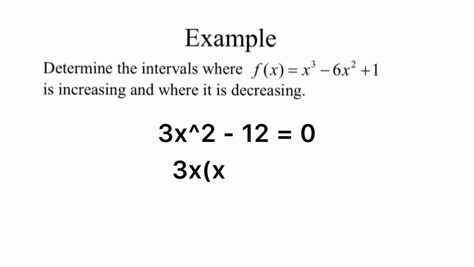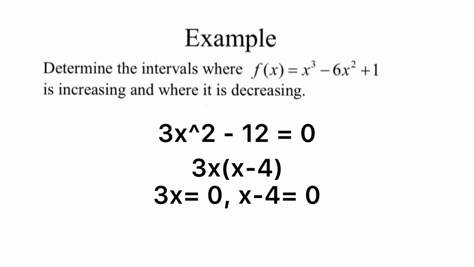We are going to take out 3x out of negative 12x, so negative 4. So now we find the zeros by setting each factor equal to 0. The zeros here are x equal to 0 and 4. So I have two critical points.